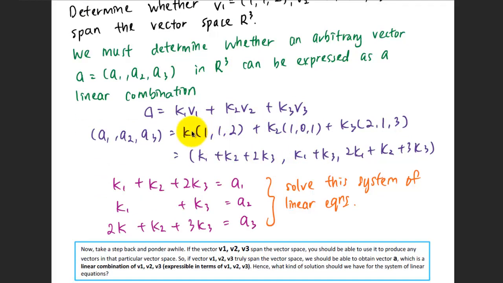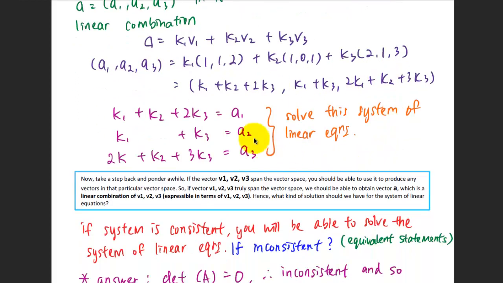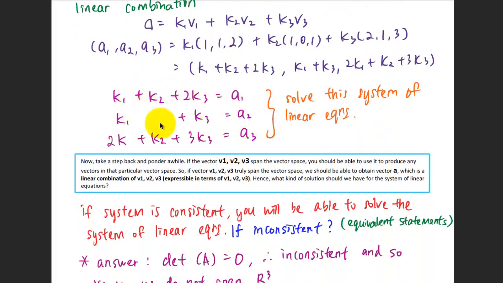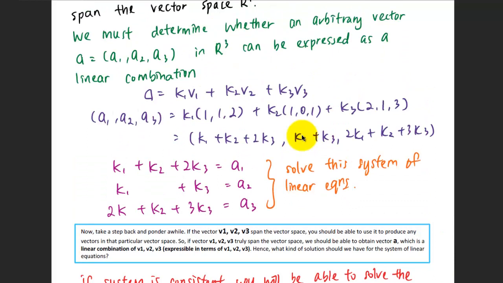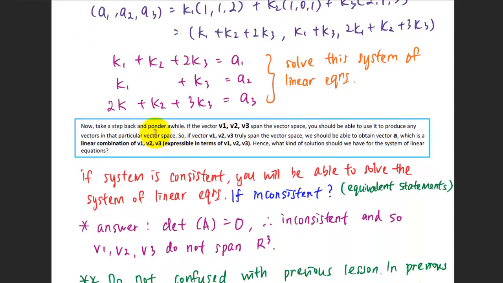So I'm going to write it into this form, and similar to the previous exercise, you have to match it component by component: A1 with the first entry here, A2 with the second, and A3 with the third one, and you end up with a system of linear equations. You have to solve this system, and depending on the solution you have, your decision whether the given three vectors V1, V2, V3 span the system or not will be made. Now take a step back and ponder.